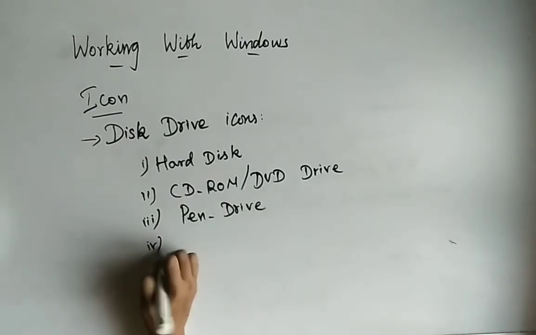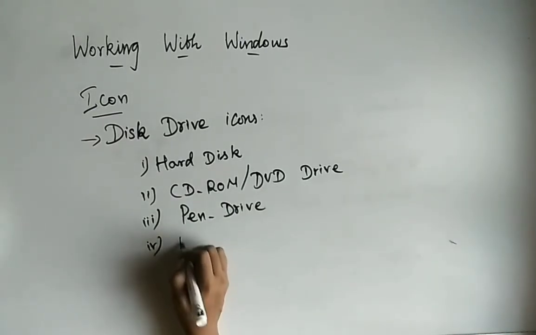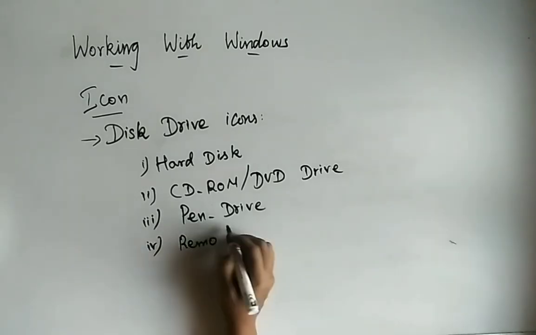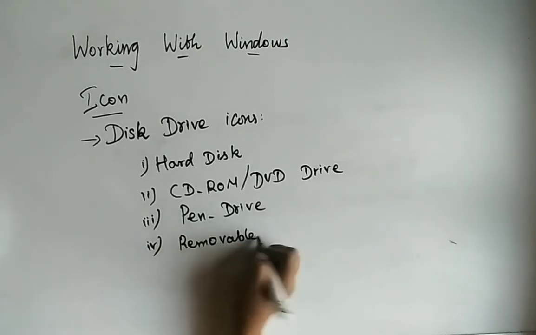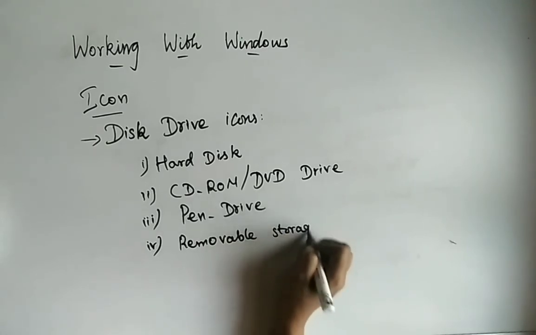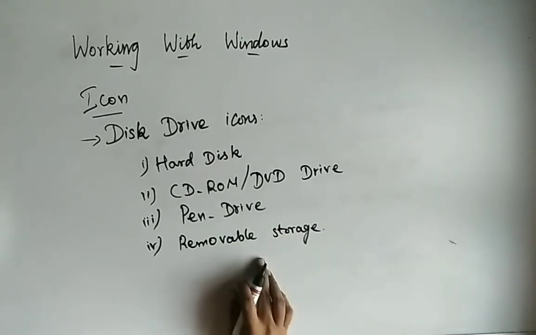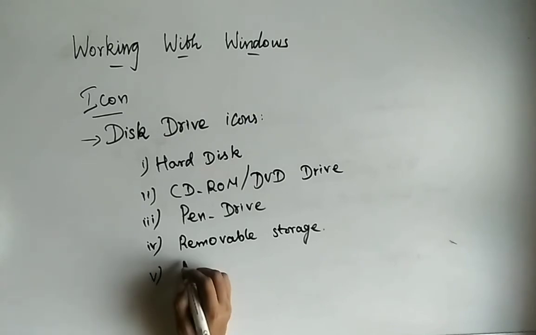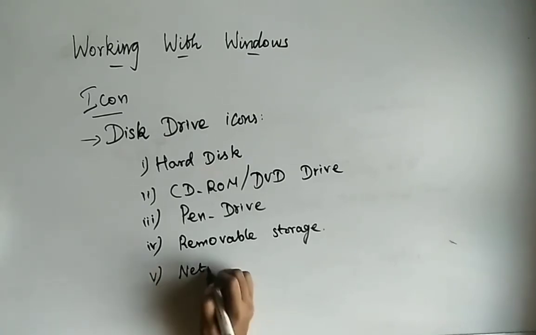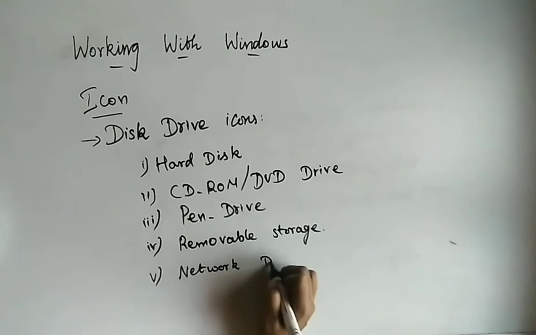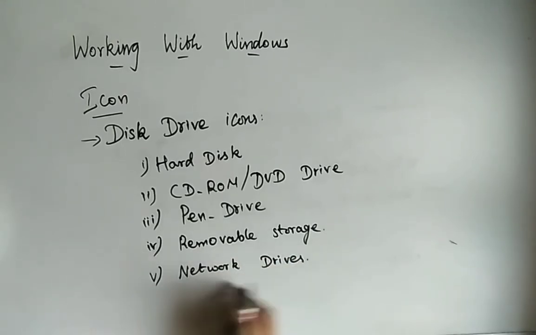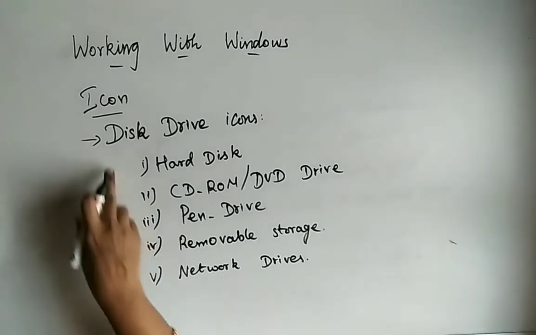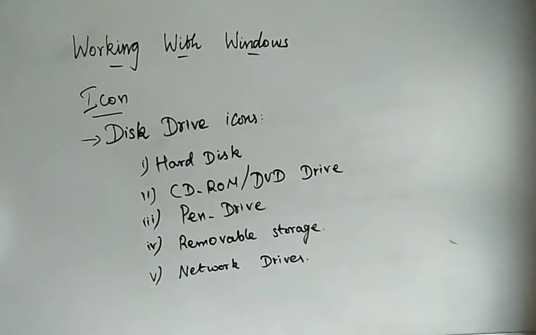The fourth one is other removable storage, with examples like mobiles, smartphones, and tablets. And the fifth one is network drives. If your computer is in a network, you will be having your network drives. So the disk drive icons represent five disk drives.